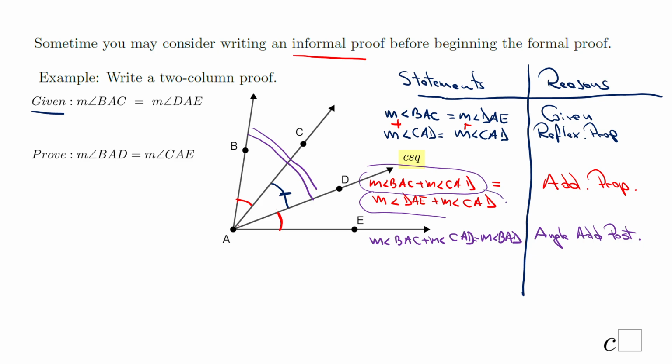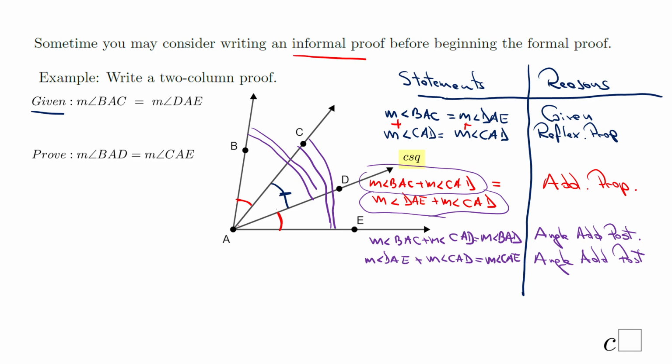And we have here the measure of angle DAE plus the measure of angle CAD. Okay, we add the red one and this one arc, we get this angle, right, which is angle CAE, the measure of angle CAE. And again, this is angle addition postulate.